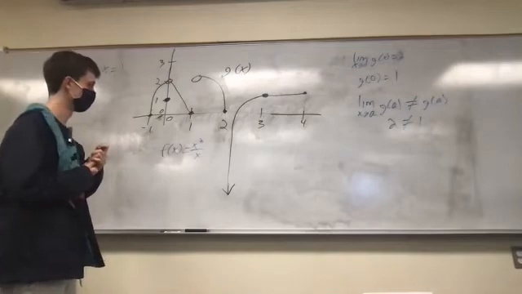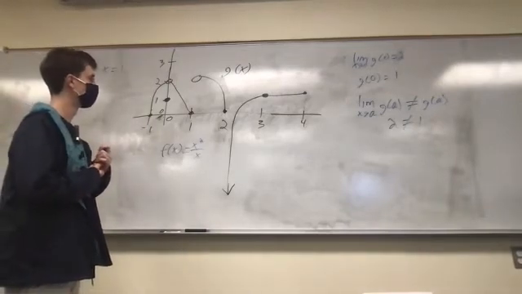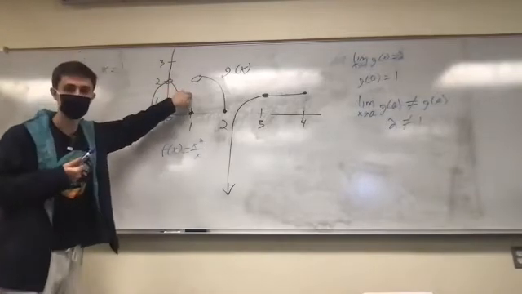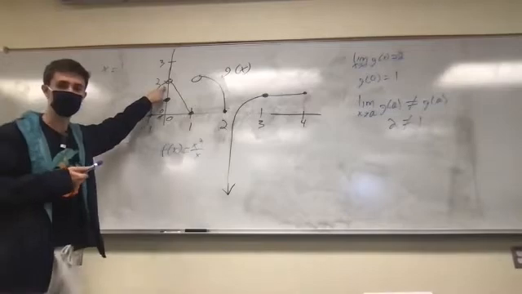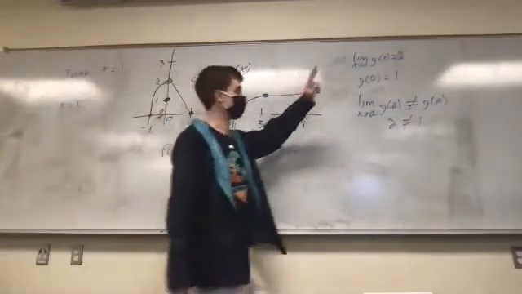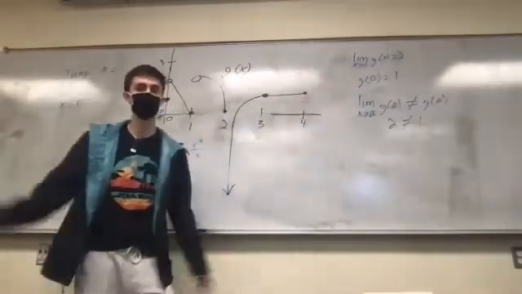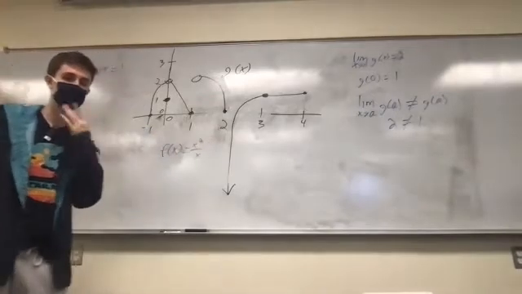Right. Yeah. Awesome. Okay. But before I get to the jump, I want to talk about why we were able to write out this limit as just x going to 0 and not going from both the right and left. You see what I mean there?